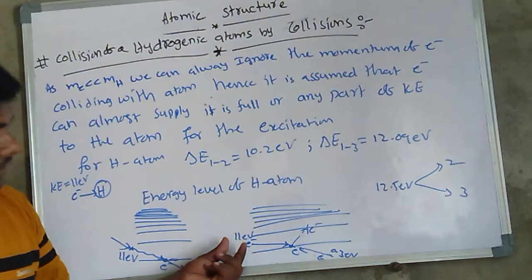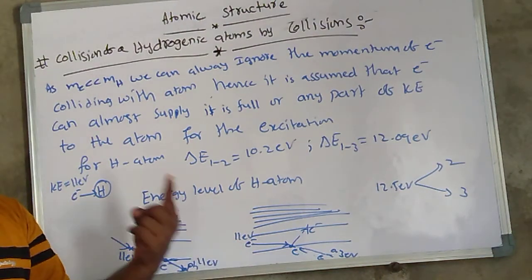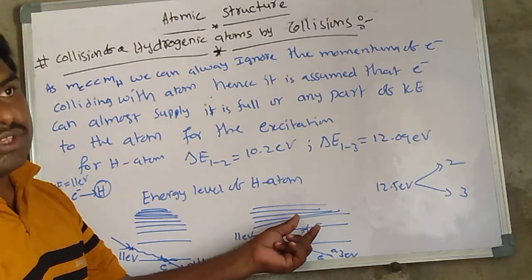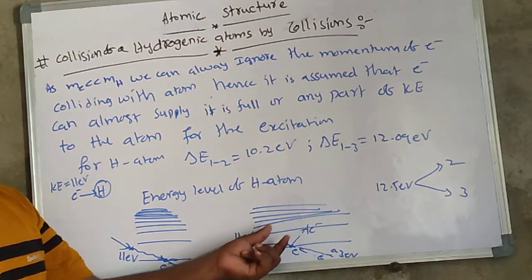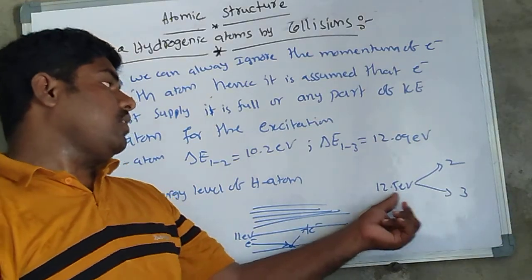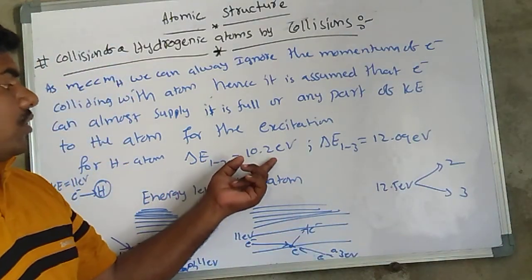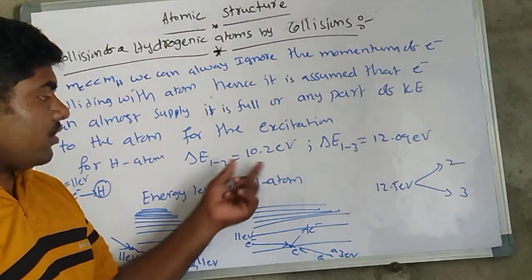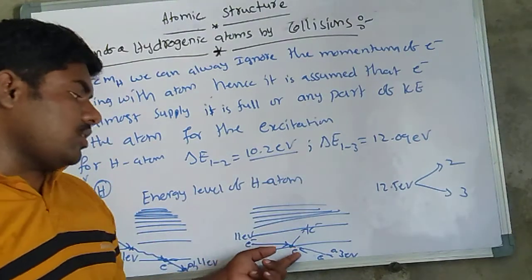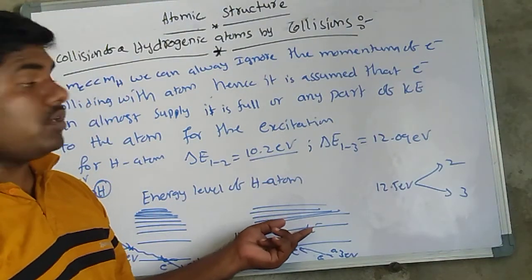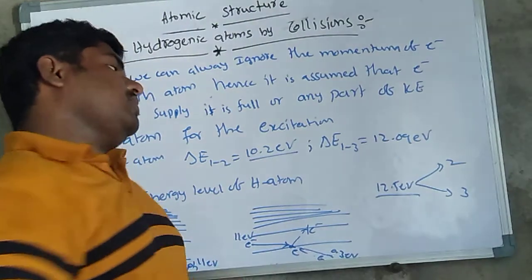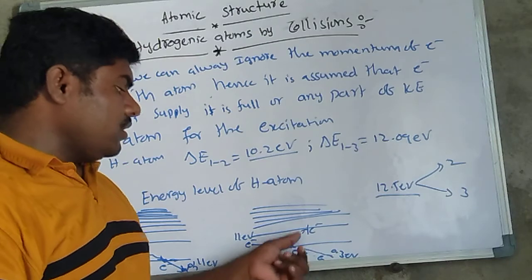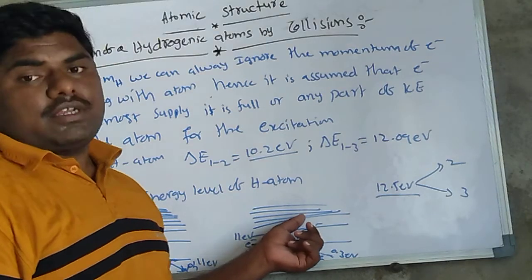If you give 11 electron volt, only one possibility is there: the electron moves only to n equal to 2. Because it needs 10.2, whenever you give this much energy, this electron jumps from the n equal to 1 state to the n equal to 2 state. If you give 12.5, maybe the second state, maybe the third state also.